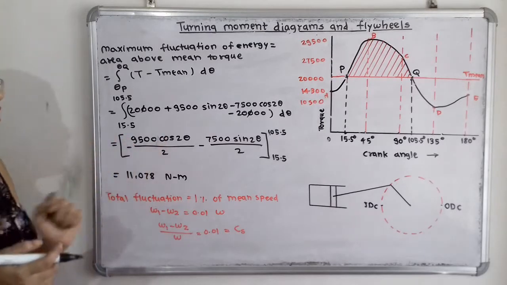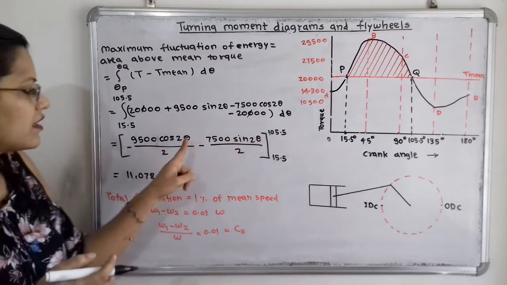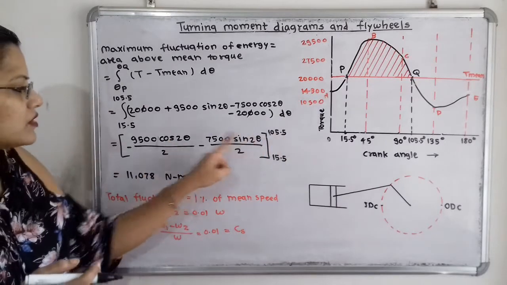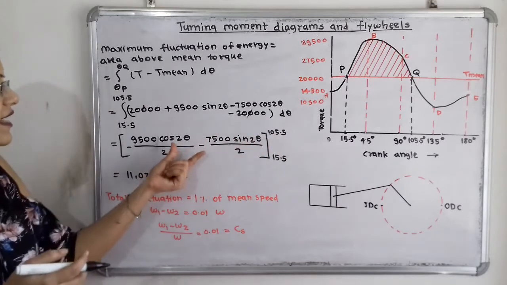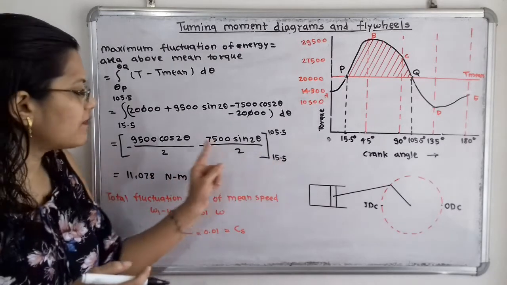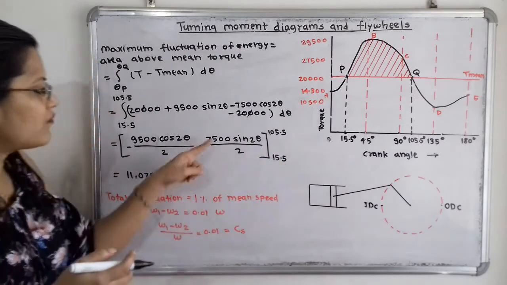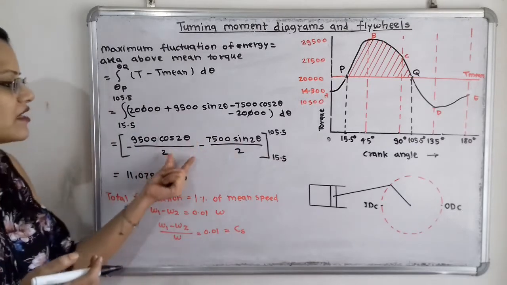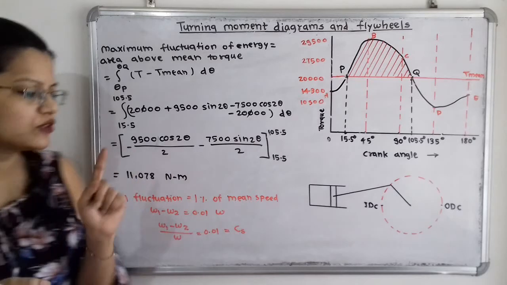So how to solve this? First we put 105.5 instead of theta in both terms and calculate, and then again we put theta equal to 15.5 and find the value of this bracket. Then we take the difference between these two values, and what is the answer?